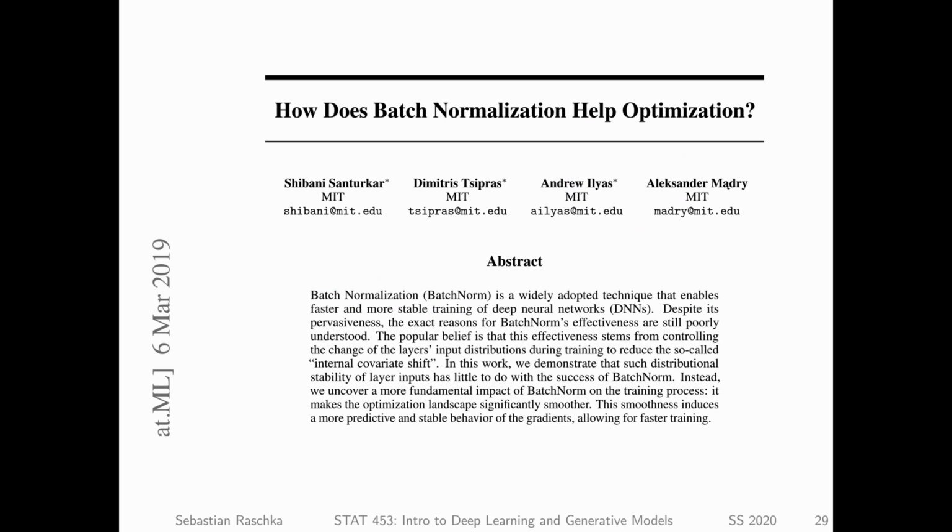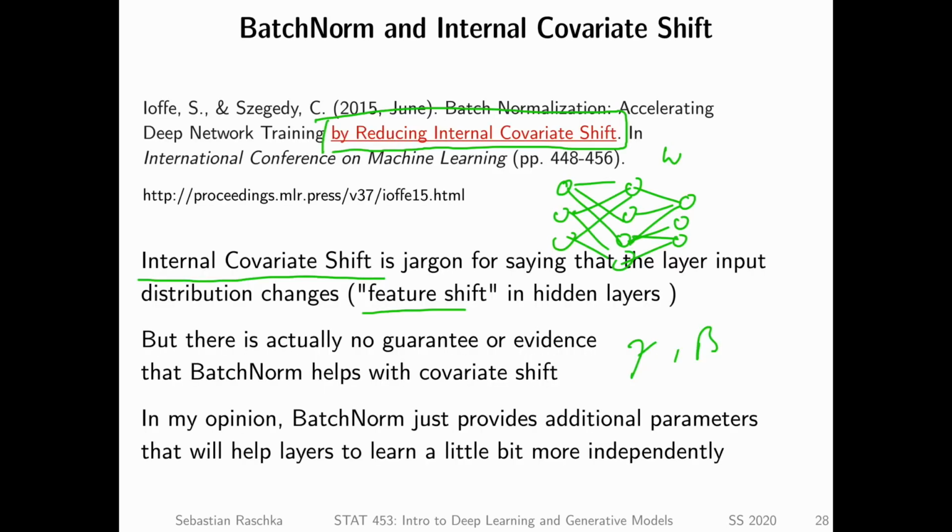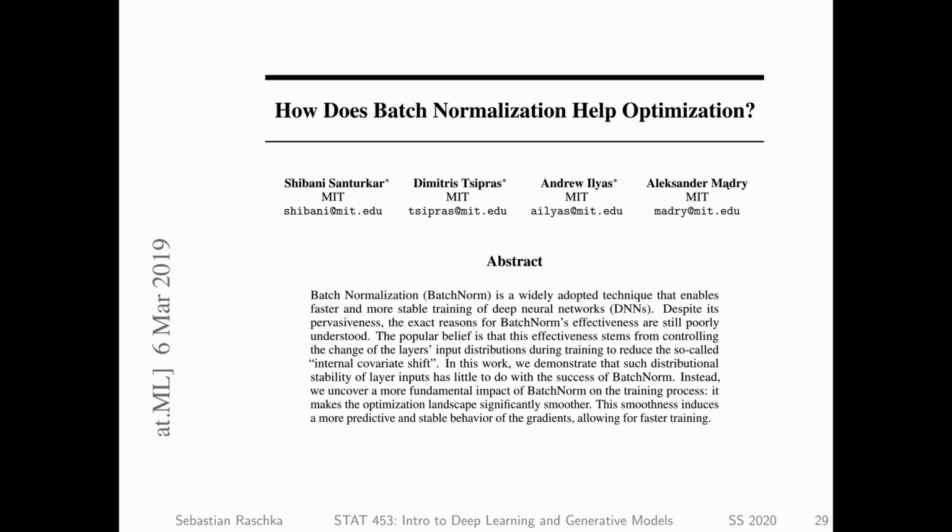Another paper, so the original paper was from 2015. A more recent paper from 2019 was this one, where the researchers looked again at different aspects of batch norm and tried to find out why it works so well. They found that the distributional stability of layer inputs has little to do with the success of batch norm.